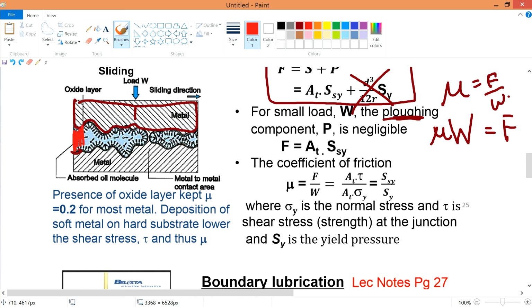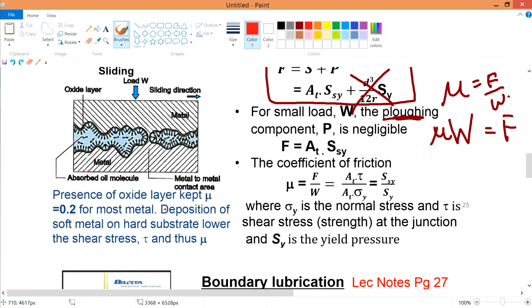The micro welds actually cause this type of oxide layer, due to chemical reactions of heat and everything. So this oxide layer itself will generate a friction coefficient of 0.2. Why most metals have a coefficient of around 0.2 is because of this oxide layer, due to the sliding effect. Hopefully this is pretty clear.